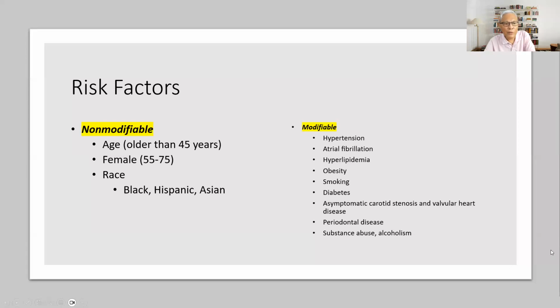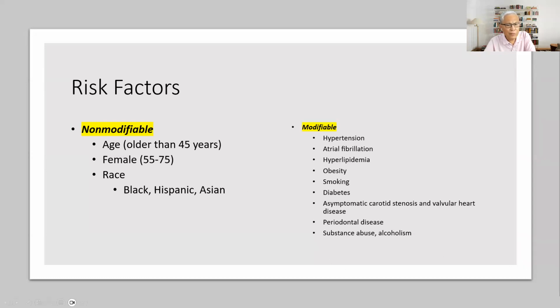All right, so what are the risk factors for stroke? Well, there are modifiable and non-modifiable risk factors. The non-modifiable ones are being older than 45 years of age, smoking, and atrial fibrillation.